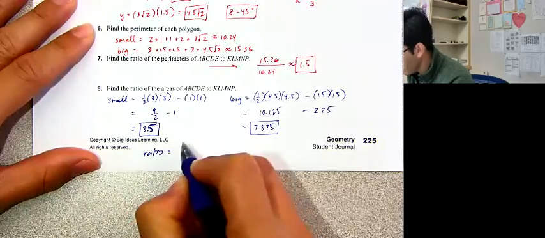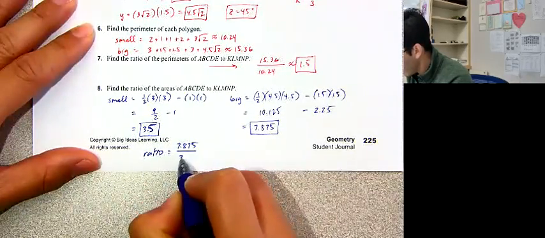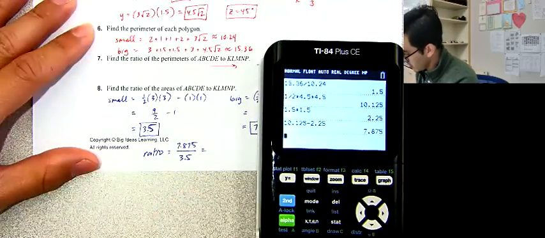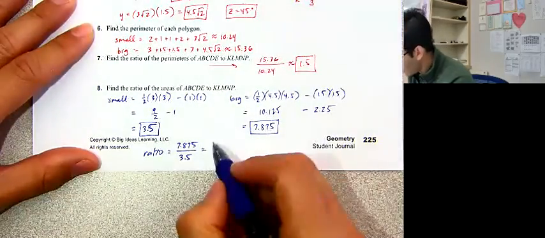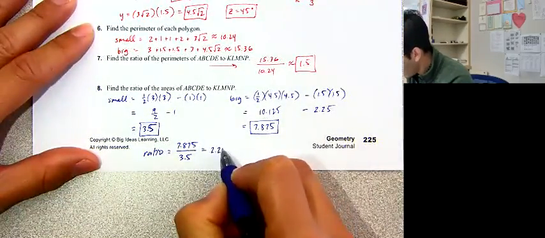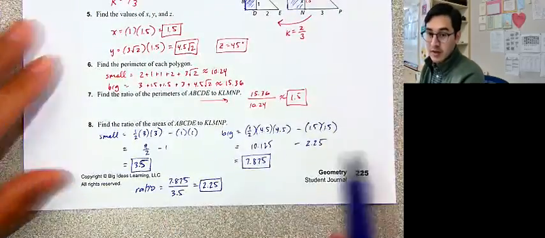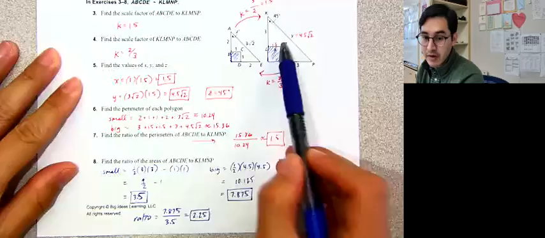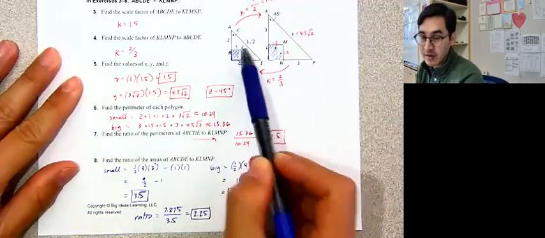So the ratio is going to be 7.875 divided by 3.5, which equals 2.25. So what we found is that the area of this big figure is 2.25 times the area of the small figure.